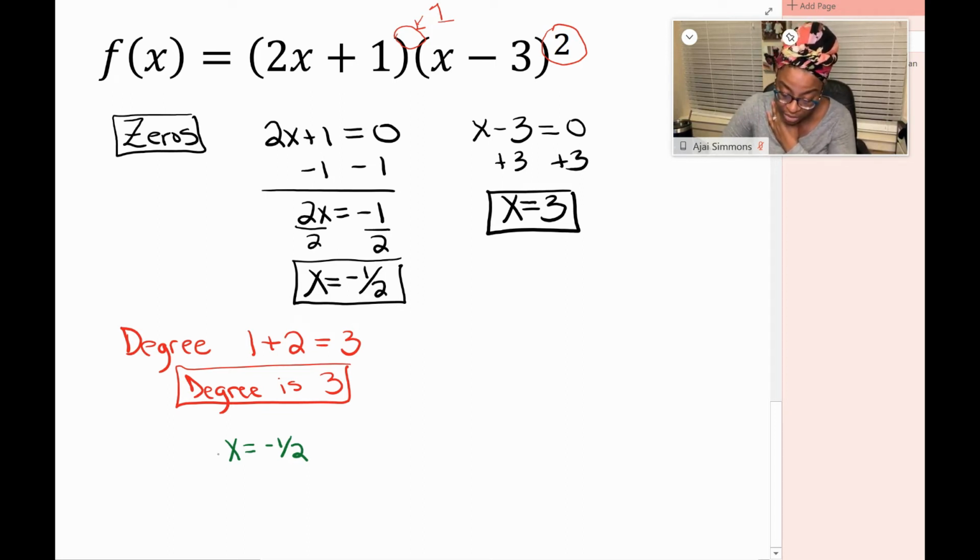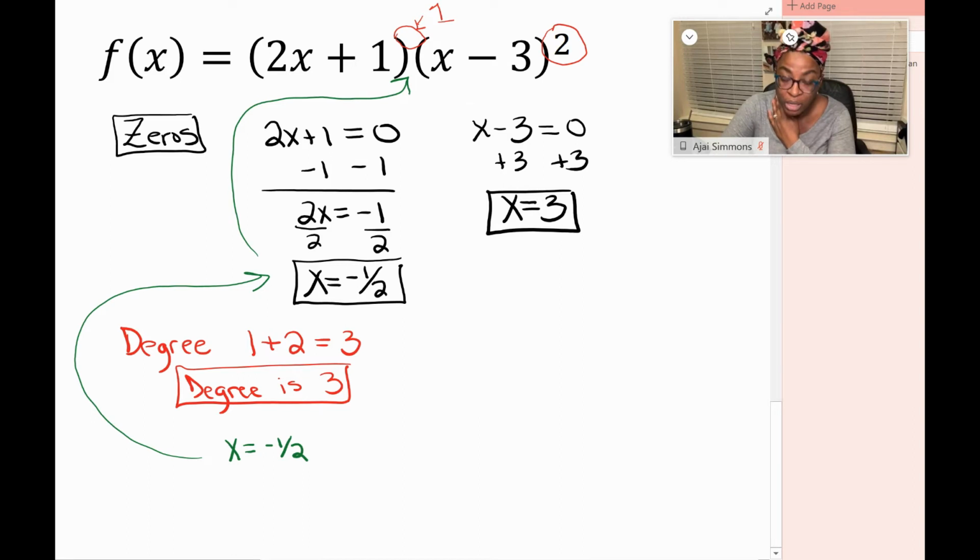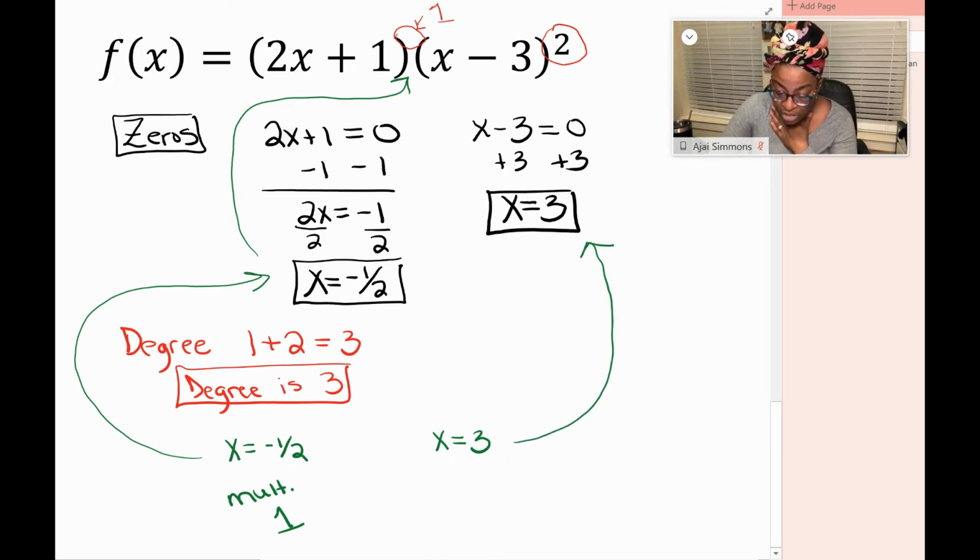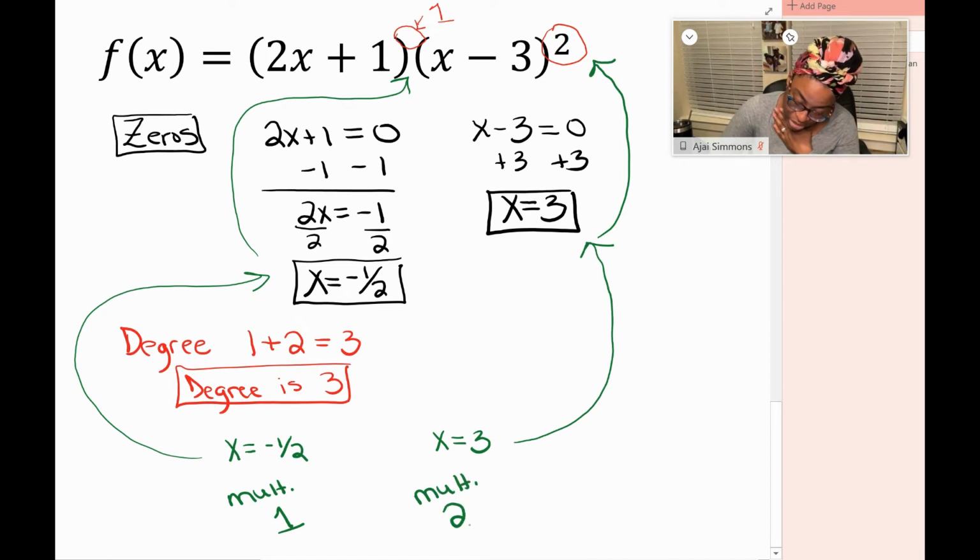So the multiplicity of x equals negative 1/2 is going to be 1. Now let's talk about x equals 3. The degree connected to x equals 3 was 2, because one of our zeros was 3, and 3 was connected to a power of 2. So the multiplicity is going to be 2.